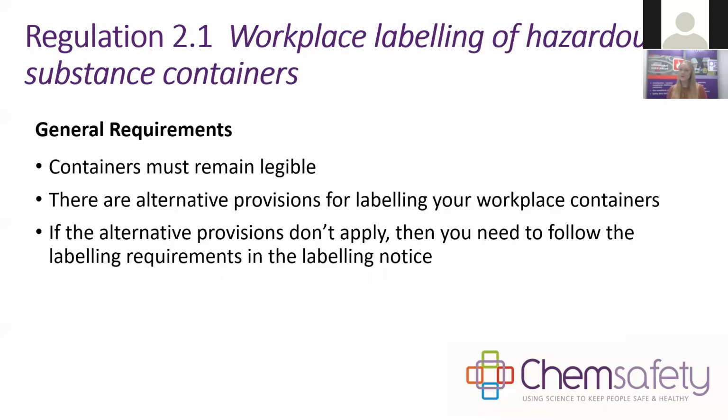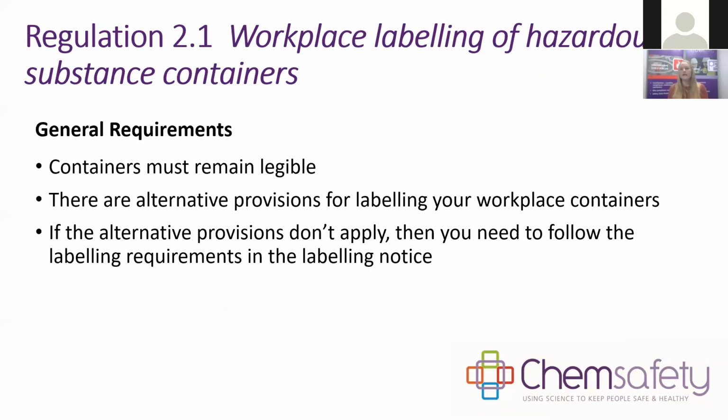It is your responsibility as the PCBU to ensure the labels remain in legible condition and that they are replaced if they degrade. It is also key with the degraded labels to think about why they are degrading. Is the material deteriorating the container, or is the label type fit for purpose? Just something to continuously be thinking about.